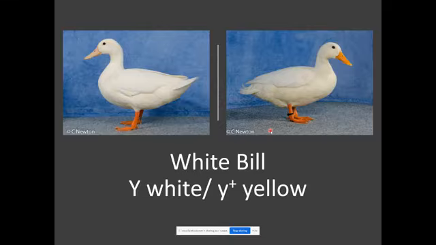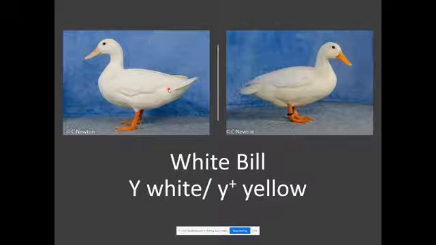The next gene that I want to introduce tonight is the white bill or white skin gene, and it's actually a dominant mutation over the wild type. So we have mallard drakes here, one with the wild type, which is the yellow bill, the other with the white or pink bill phenotype, which is much rarer here in Australia at least.